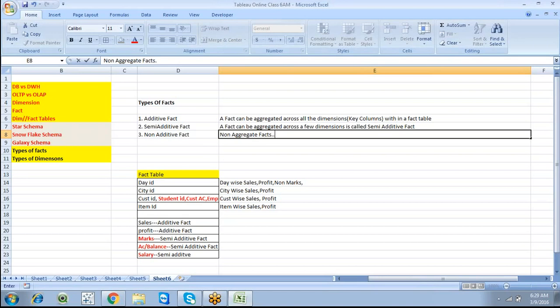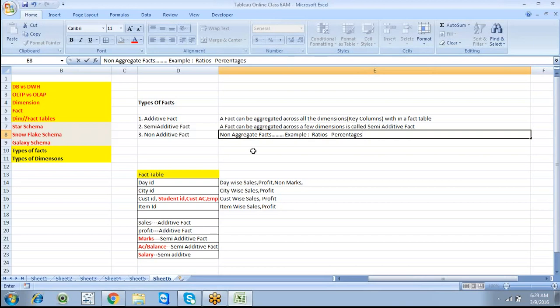Non-additive facts are non-aggregate facts. An example of non-aggregate facts is ratios, or percentage calculations.